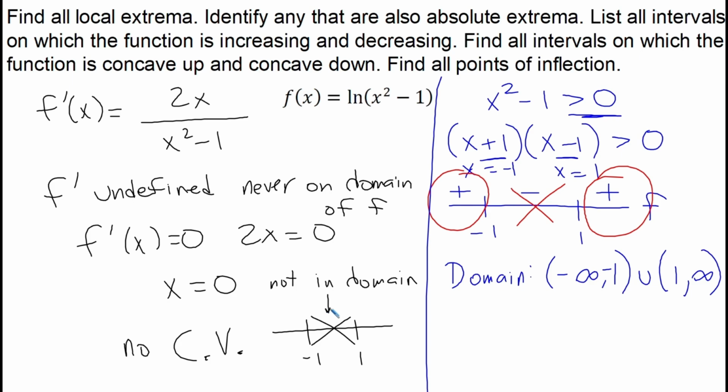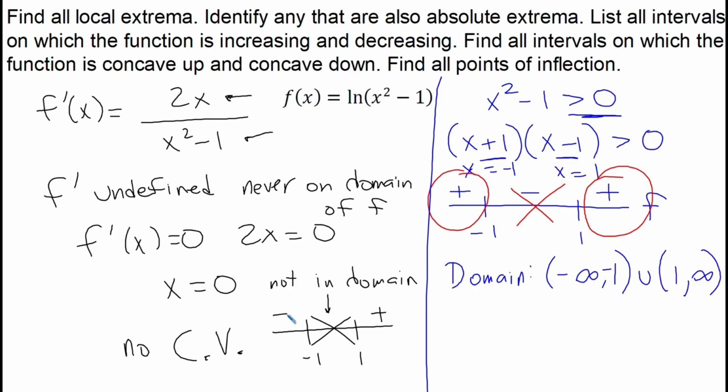And we can determine if the function is increasing or decreasing on either side of this by just plugging the numbers into our derivative. So if I plug in something more than 1, like a million, into my derivative, the top is going to be positive and the bottom is going to be positive. So this is going to be positive. And if I plug in something less than negative 1, like negative a million, the top is going to be negative, but the bottom is going to be positive.